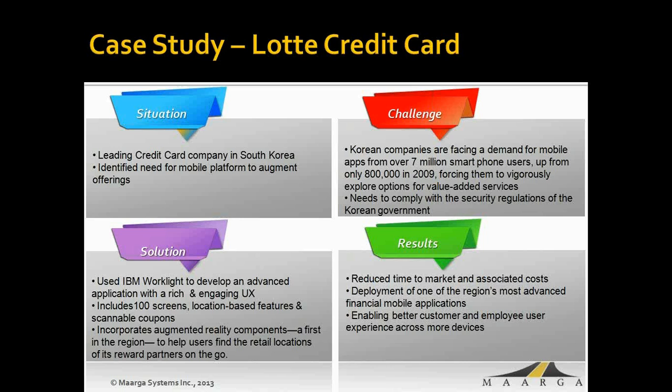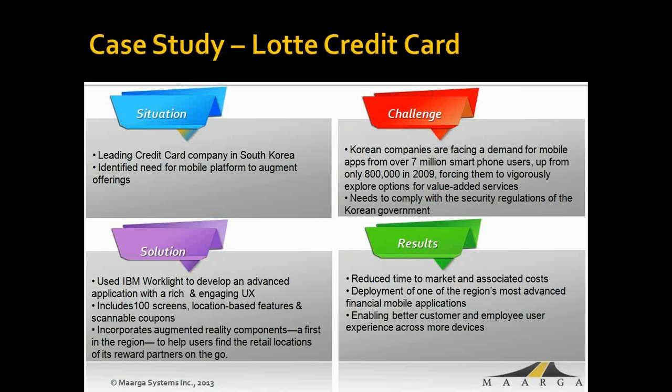So Lottie came to IBM and decided to use IBM WorkLight and developed an advanced application that had a rich and engaging user experience. This application includes more than 100 screens, has features that use the particular user's location, and also provides scannable coupons.